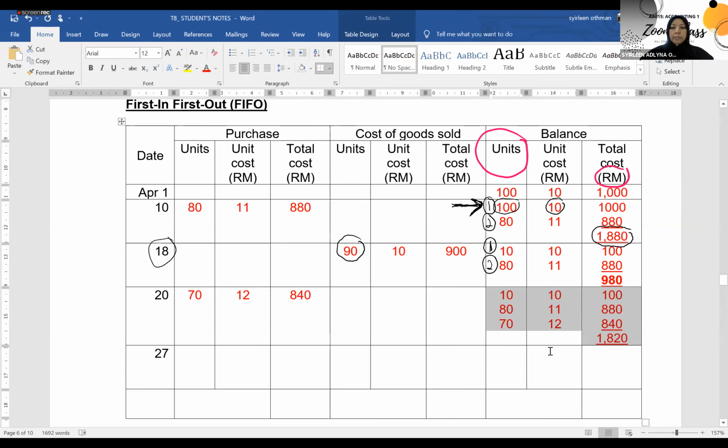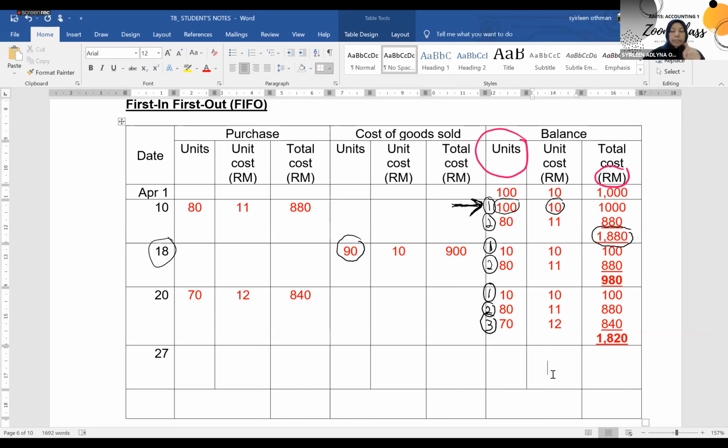That means tadi saya cuma ada 1 dan 2. Sekarang I ada the latest addition, that is the third batch. Alright, so my ending inventory pada 20 hari bulan ialah 1,820.